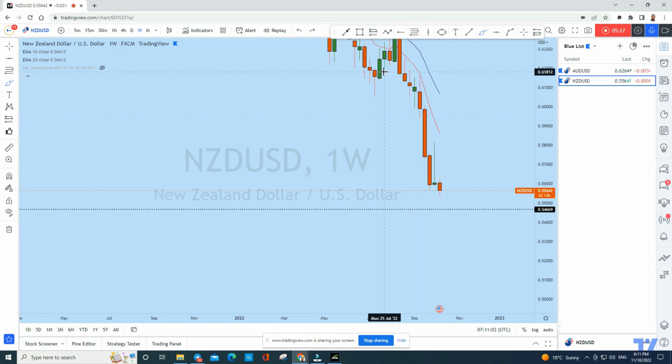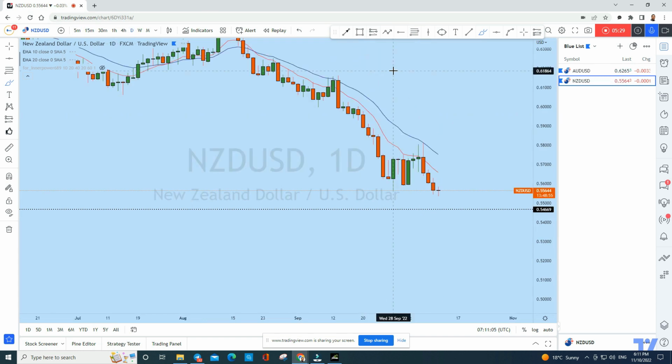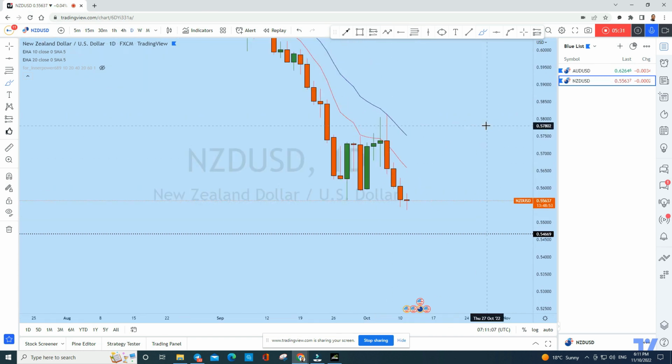Now looking at the daily time frame, on the daily perspective, couple of times in the same way, multiple liquidity grabs with this test of the 20 period moving average on NZDUSD. We see every day the price is creating a series of lower highs. Today, as soon as the market opened, we see the same thing. The price started to drop as this is a long-term bearish market.